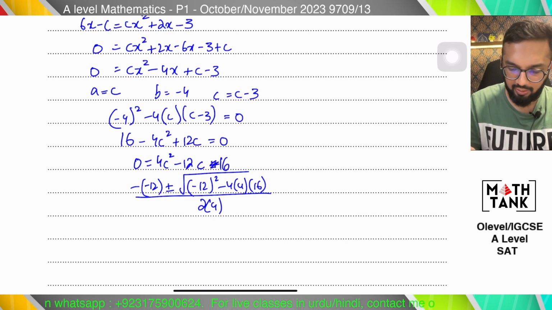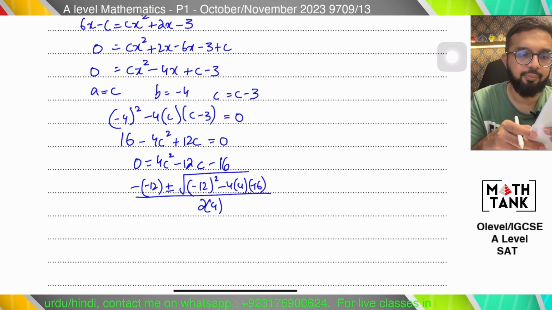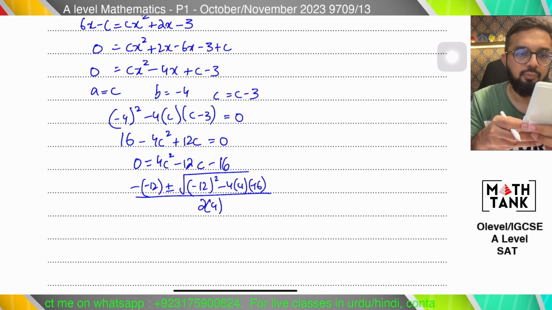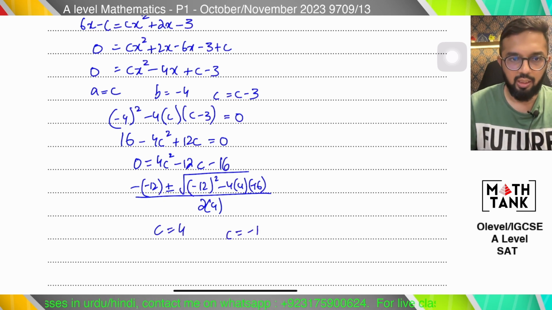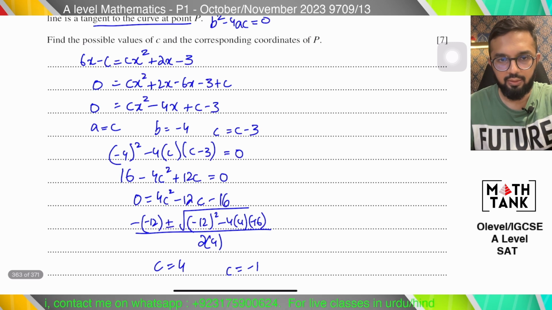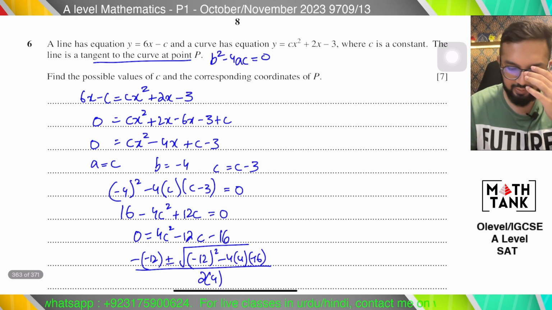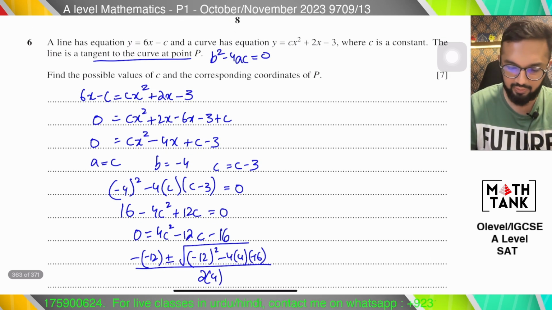Okay, this should be minus 16. Yep, 4 and minus 1. So c equals 4 and c equals minus 1. Those are two answers right now. Let's see which one I have to consider. Just find the possible values of c, where c is a constant.